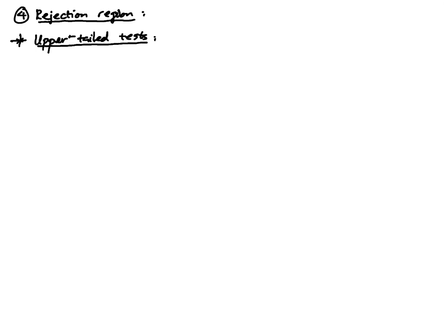For an upper tail test, remember that we reject the null if the test statistic is greater than the critical value, right?